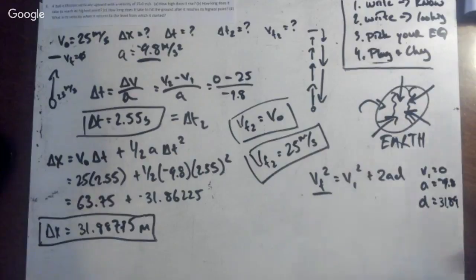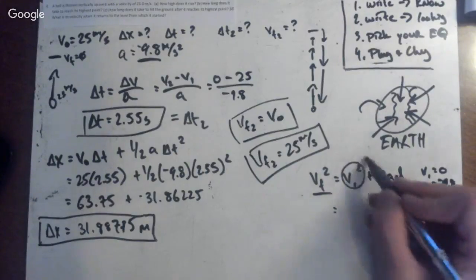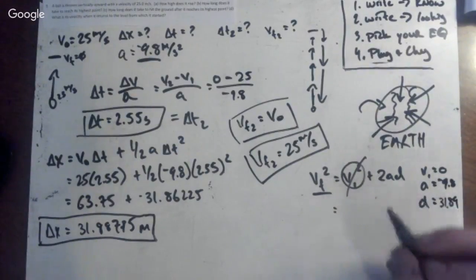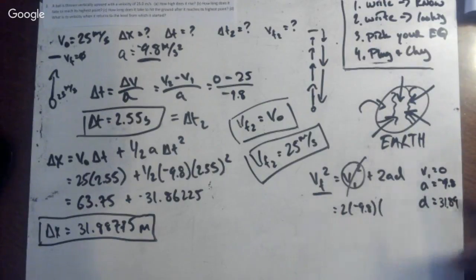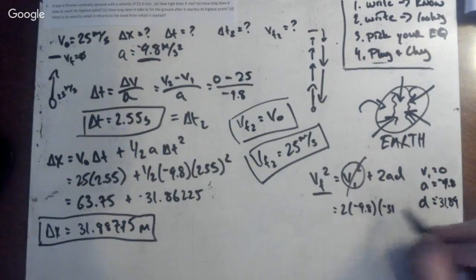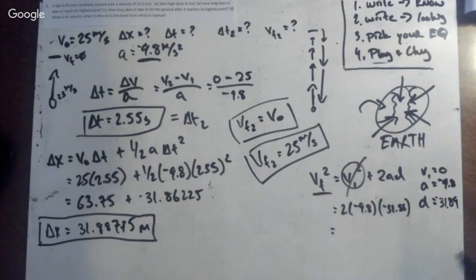31.89. Okay, so let's plug all this in. This term disappears because it's 0, so 2 times negative 9.8. And since it's falling, this is going to be negative 31.88775, and so on.